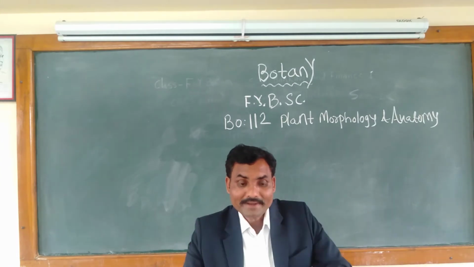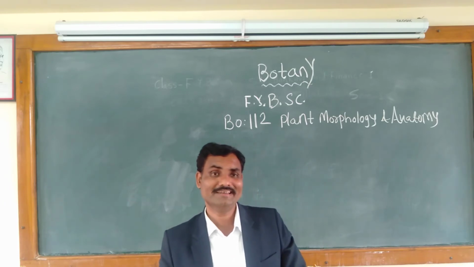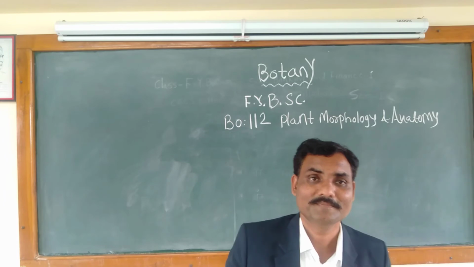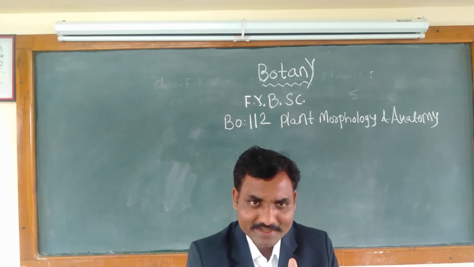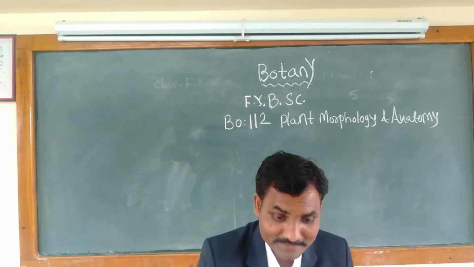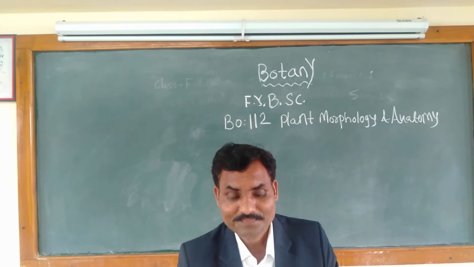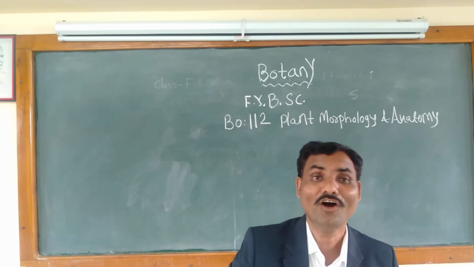What about gamopetalous condition? If we cannot differentiate the petals easily, that is called gamopetalous. Means petals are united. And in that gamopetalous corolla, there are again different forms. That is infundibuliform corolla.